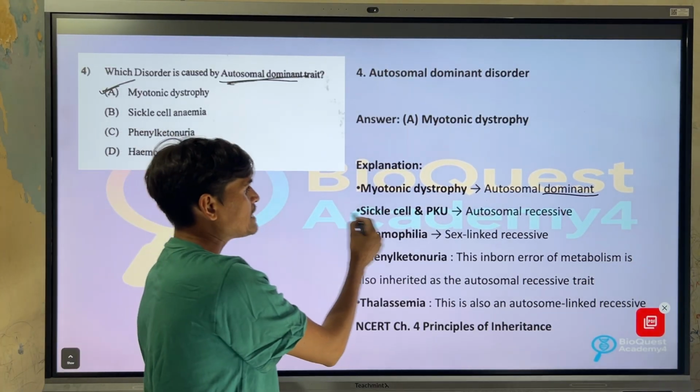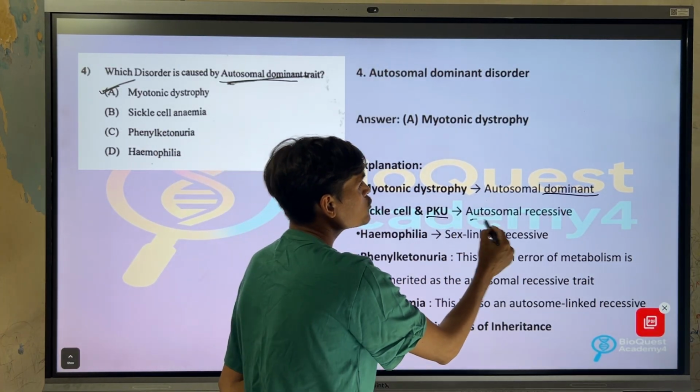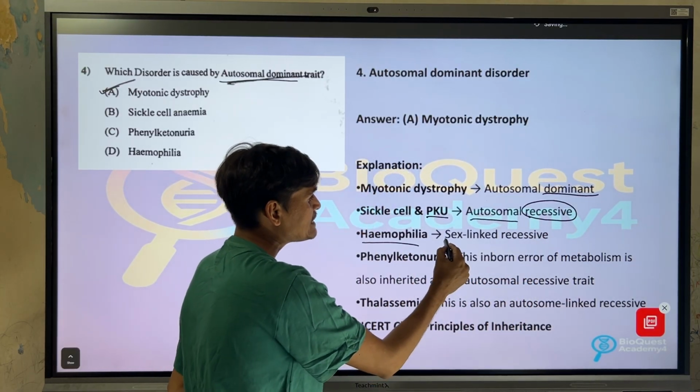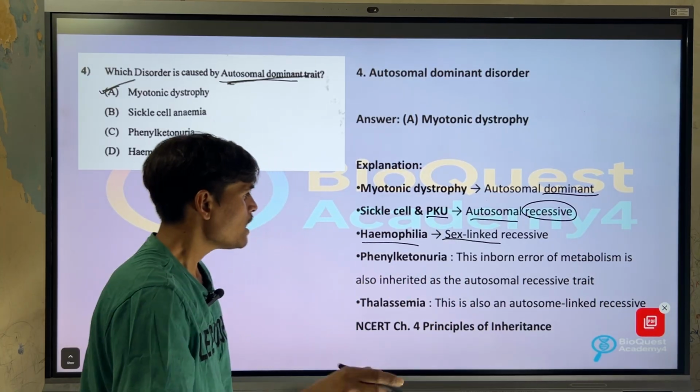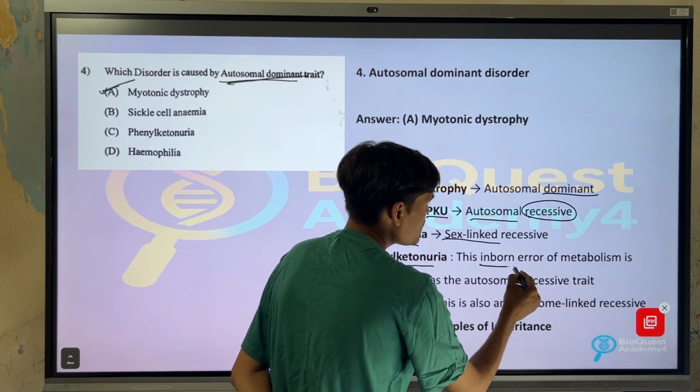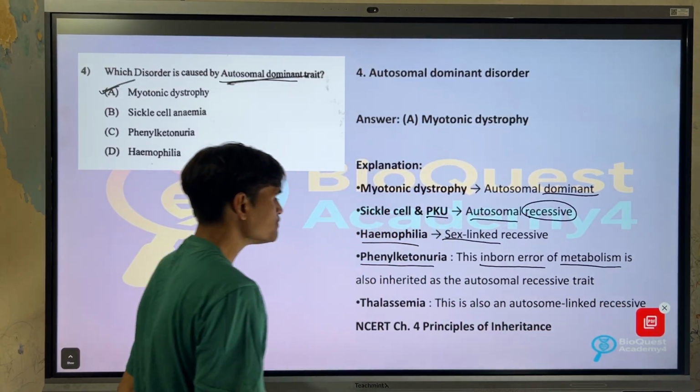Here, sickle cell and PKU are autosomal, but they are recessive. Hemophilia is what? It is sex-linked recessive. Then phenylketonuria, again it's an inborn error of metabolism.